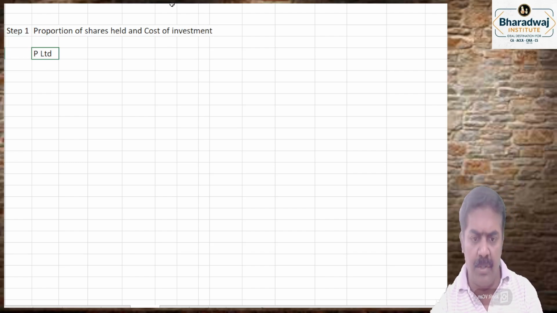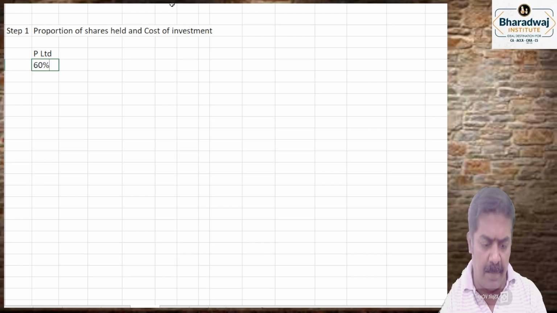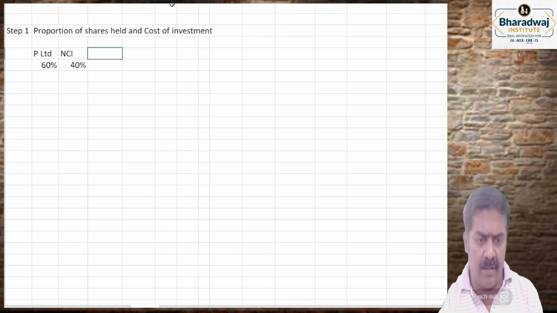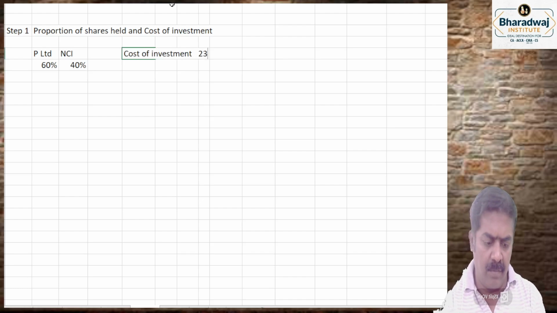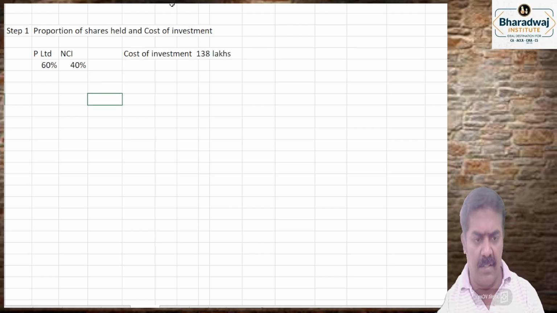P Limited holds how much percentage? 60%, and the other company, NCI, holds of course 40%. What is the cost of investment? 138 lakhs. Take it up along with me, no need to wait. 138 lakhs. This is step 1.